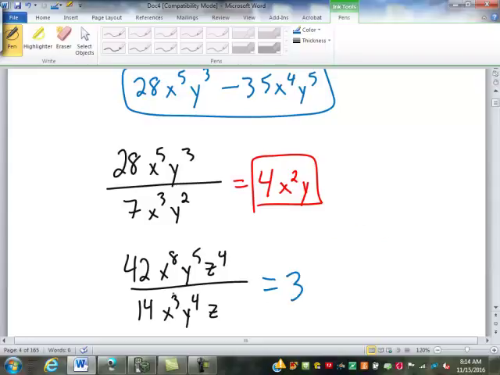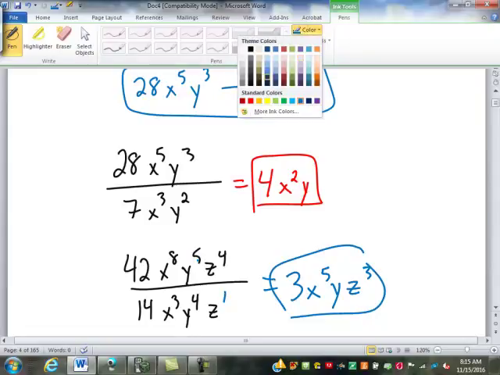X to the 8th divided by x to the 3rd. 8 minus 3 is 5. Y to the 5th divided by y to the 4th, 5 minus 4 is 1. So y to the 1 or just y. Z to the 4th divided by z is z to the 3rd. Again, that's z to the 1. 4 minus 1 is 3.